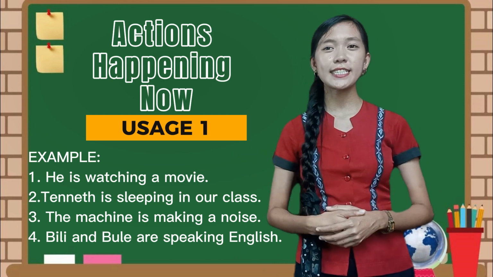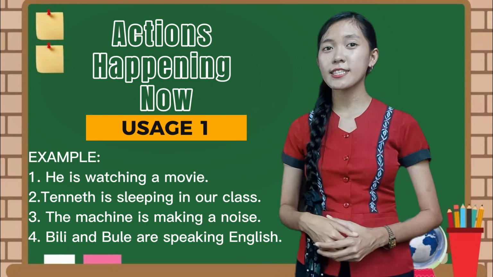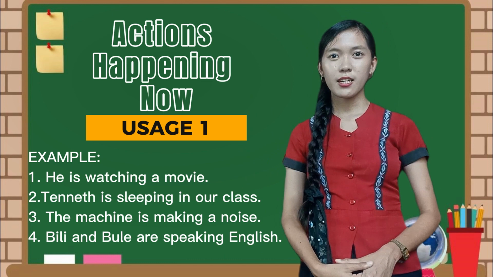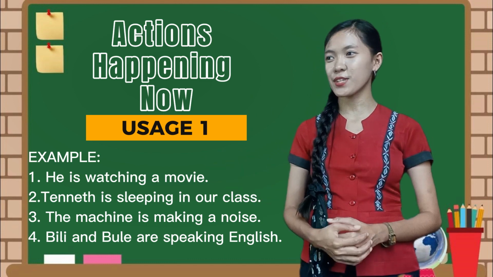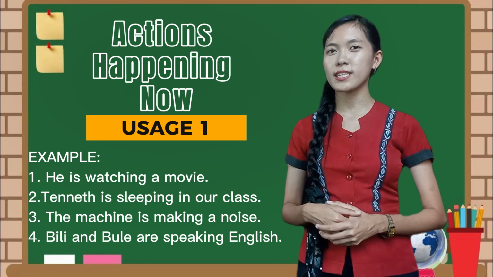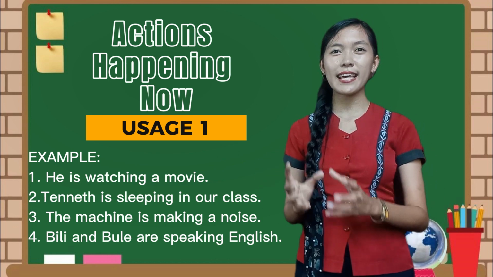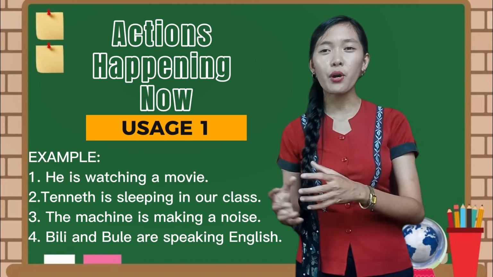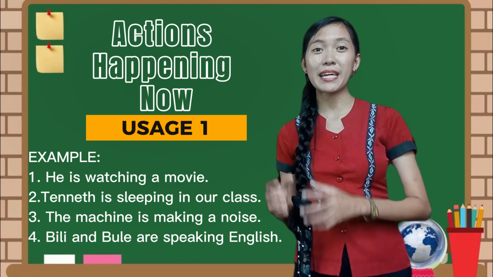The next sentence says, Kenneth is sleeping in our class. He is doing that right now. As you can see, he is sleeping right there. Kenneth is a he, so therefore, we use the be verb is.